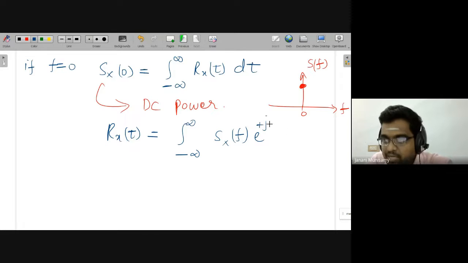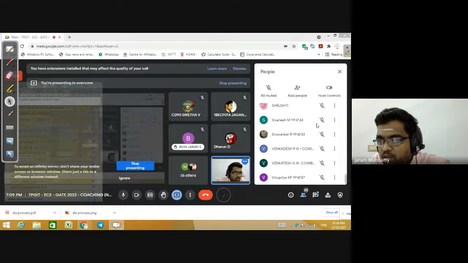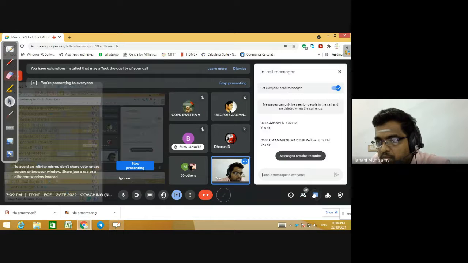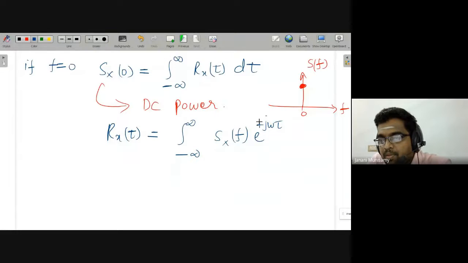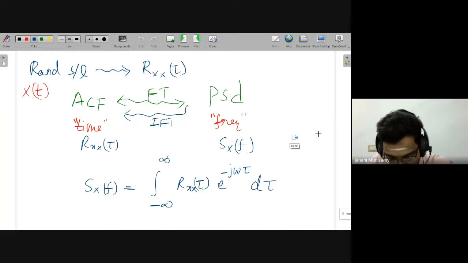E power plus j omega tau. Here d tau or df, anybody? In the reverse, inverse Fourier transform, what differentiation variable I have to put? Okay, what is present here? F. Okay, here I have to put df.